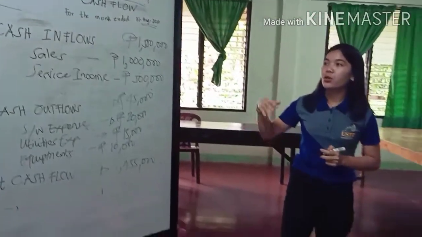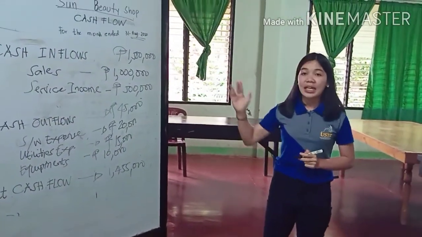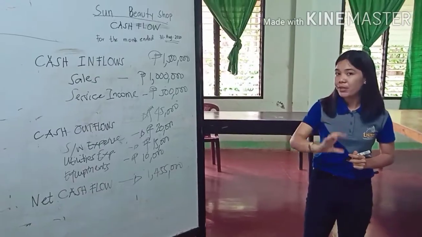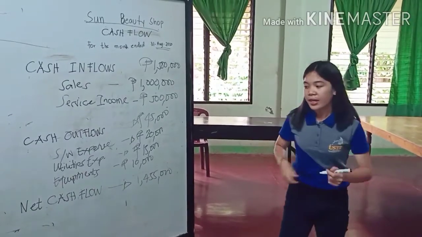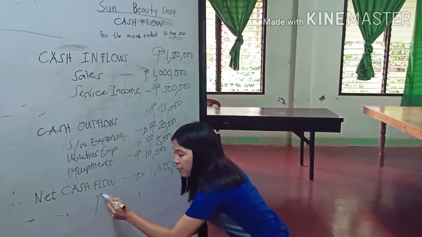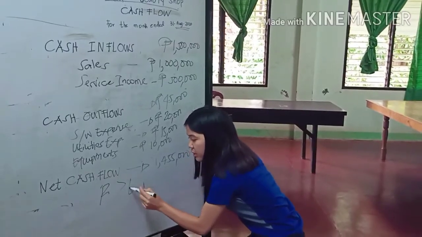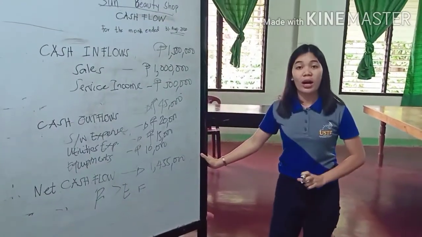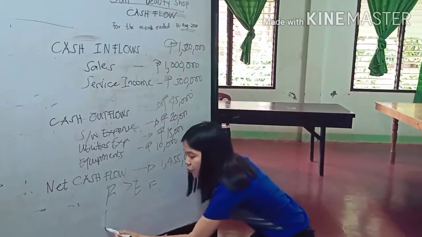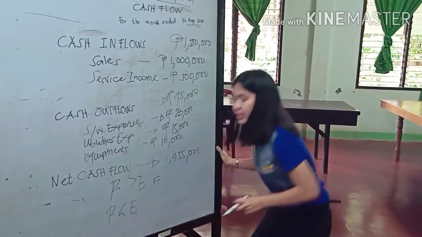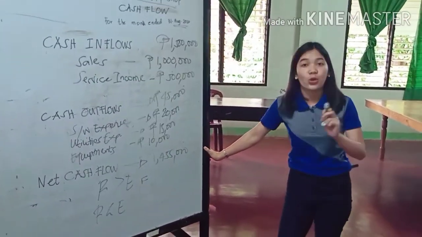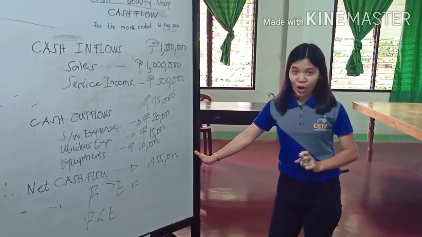So, class, as Ma'am Michelle told you earlier, if your revenue is greater than your expenses, that means that you have a profit. But if your revenue is lesser than your expenses, that means that your business has a loss.